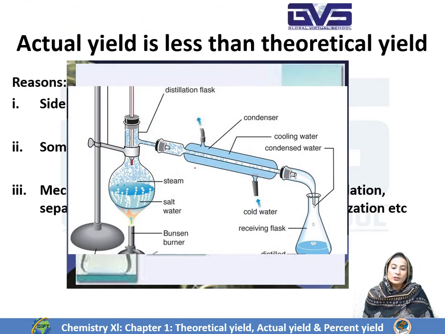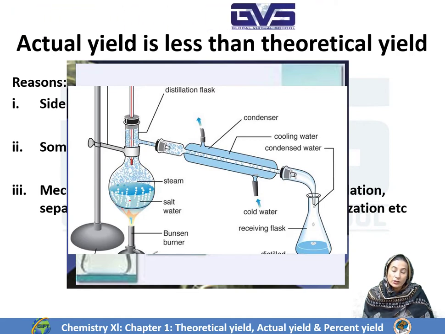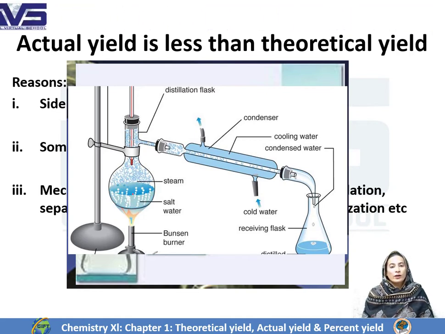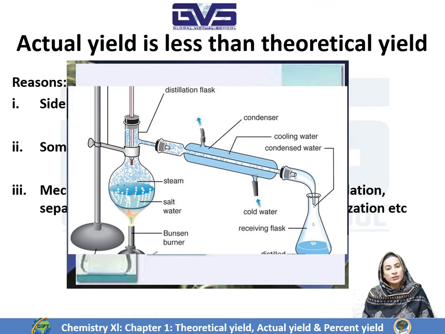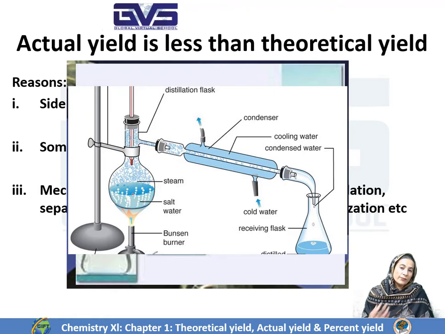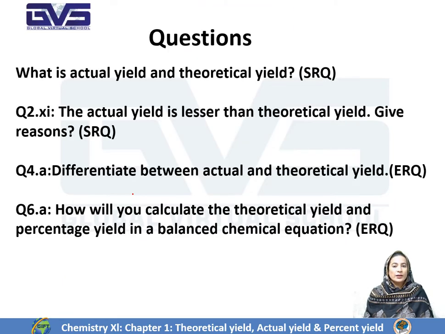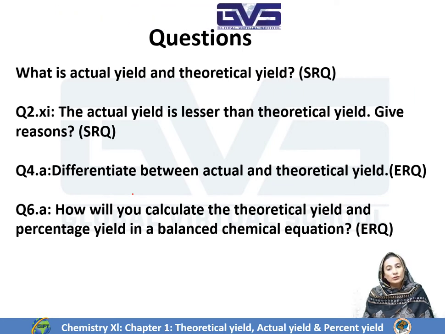Some product may be lost, remaining in the mixture. So different types of loss occur, and actual yield always becomes less than the theoretical yield. So then scientists go for the percentage yield, that is obtained by actual yield divided by theoretical yield times 100.